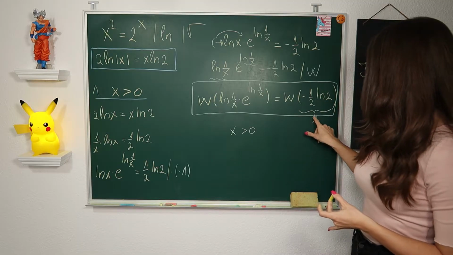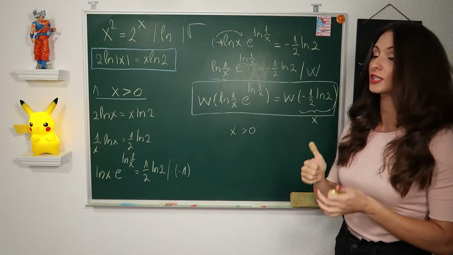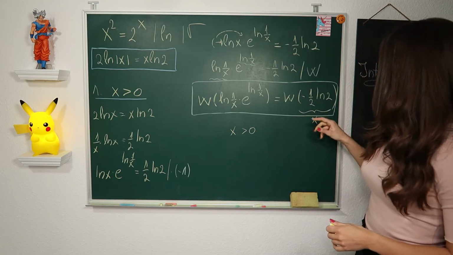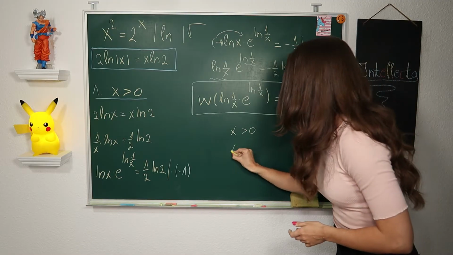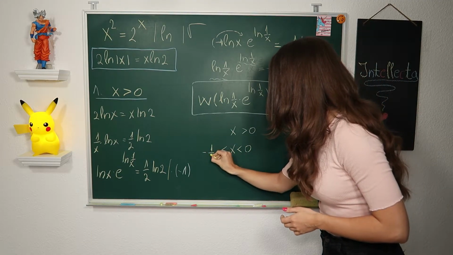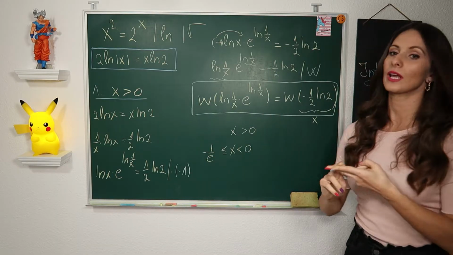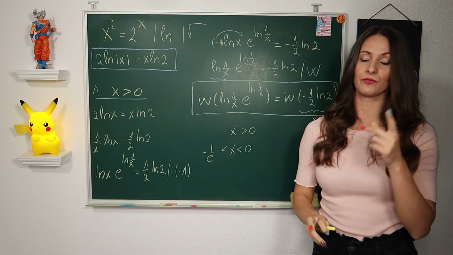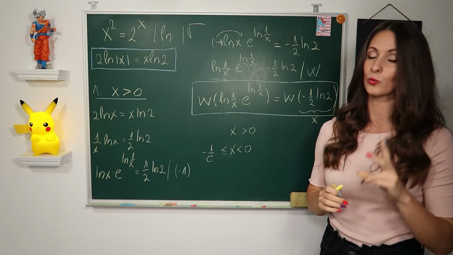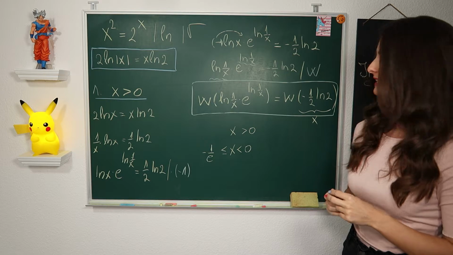If this x is less than 0 and greater than or equal to -1 over e, then we will have two solutions, for W sub 0 and for the branch W sub -1. So we will have both solutions.